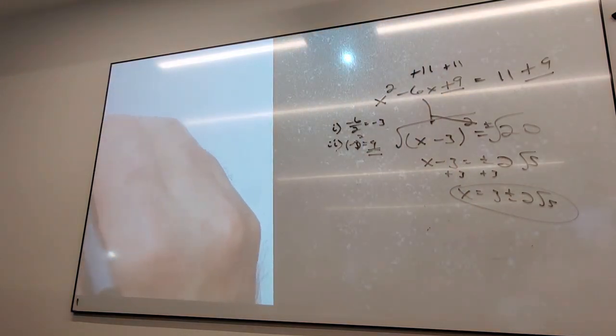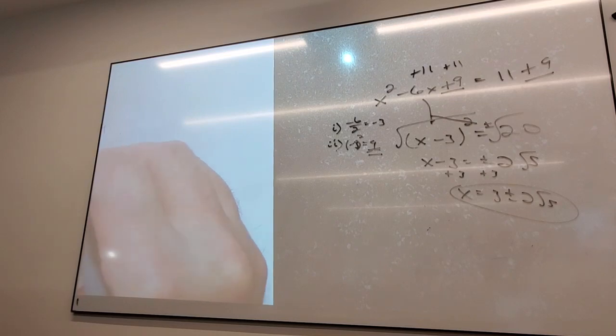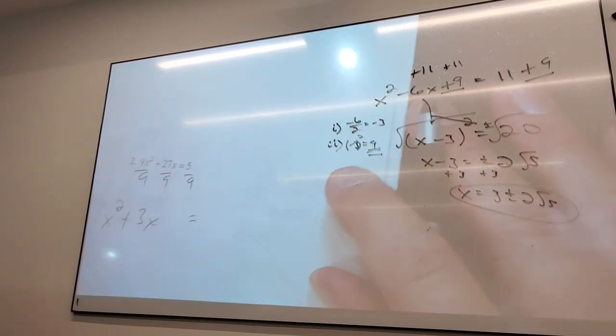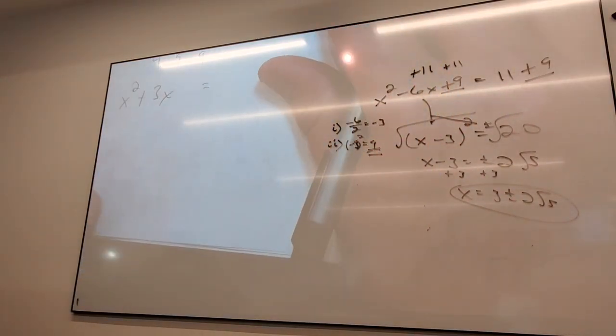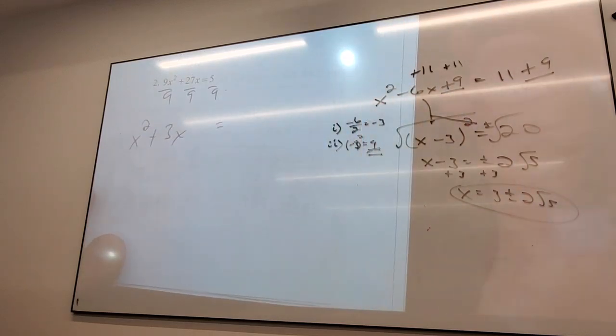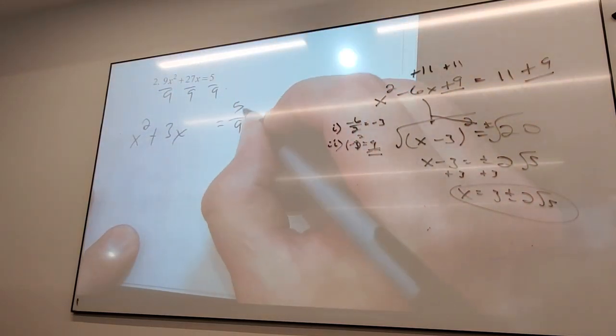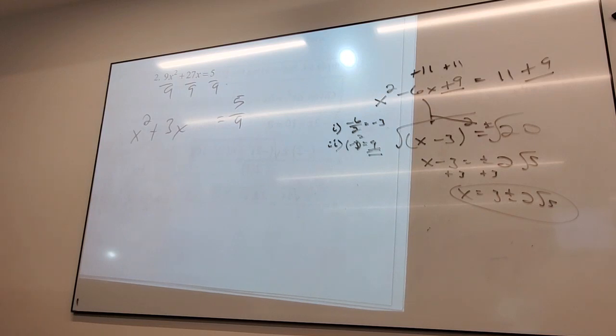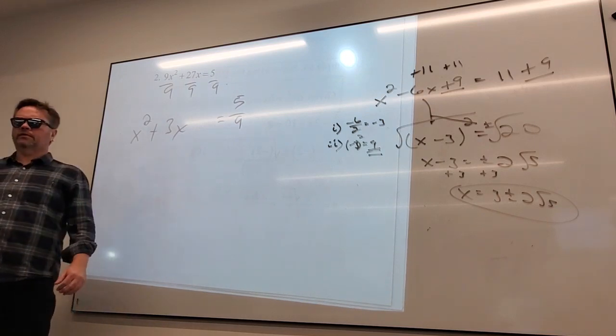So if I divide by 9, divide by 9, divide by 9, I get x squared plus 3x equals 5/9. Okay. Is that all right so far?